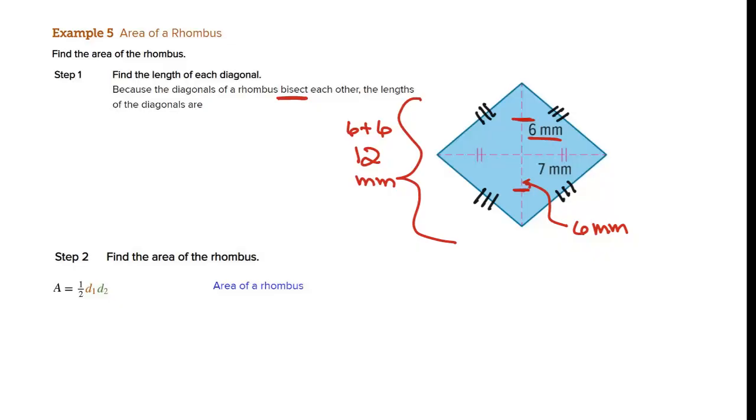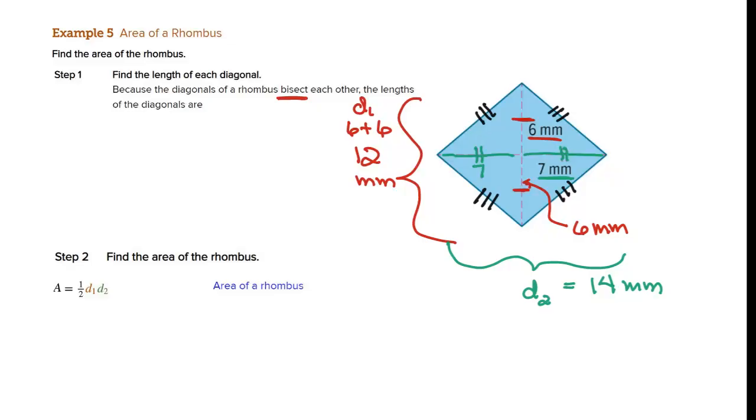Going the other way, notice they have these 2 marks. This length is the same length as this. If this is 7, this also is going to be 7. So that total diagonal length for diagonal 2 is 14 millimeters.